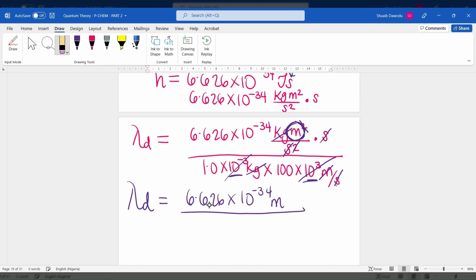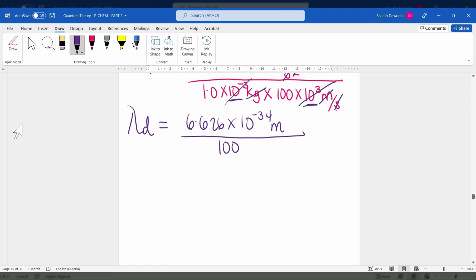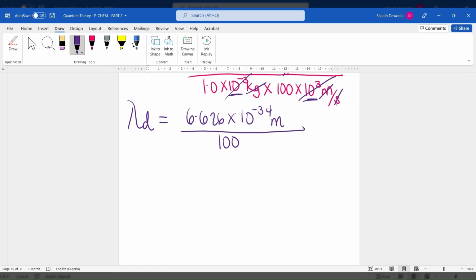What you end up with is just divided by 100. So lambda sub d is simply 6.626 times 10 raised to the power of negative 36 meters.